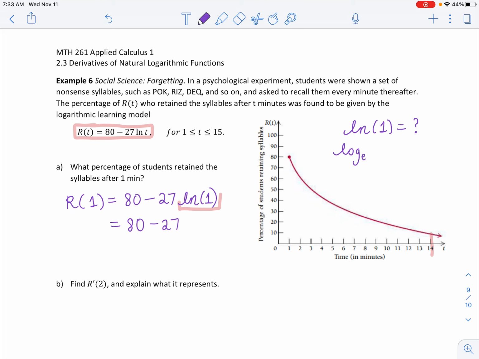But this is log base e of 1 equal to a question mark, right? So if I rewrite it, it's going to be e raised to some power giving us 1. Now remember, anything to the 0 power is equal to 1. So natural log of 1 is just 1. Now you can just type this in your calculator if you want.